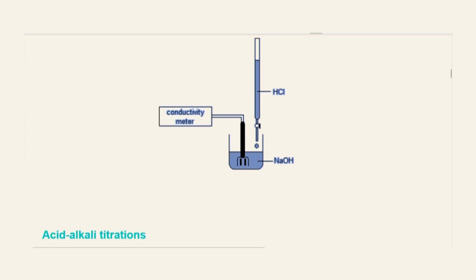Now, the setup for this is like this. You have a beaker in which you take the alkali, in which we are keeping a conductivity meter, to which a conductivity cell is dipped in it.